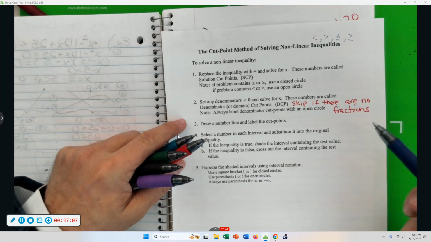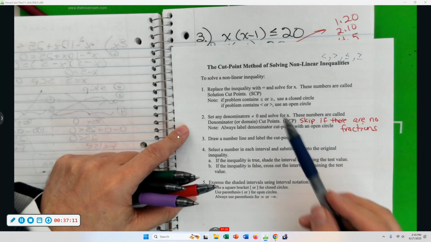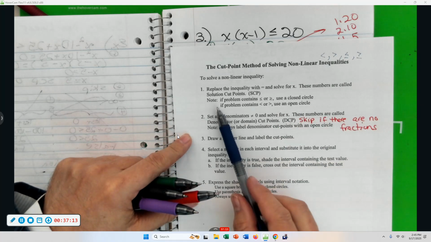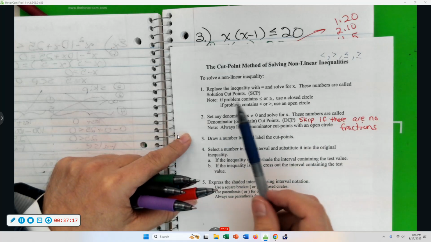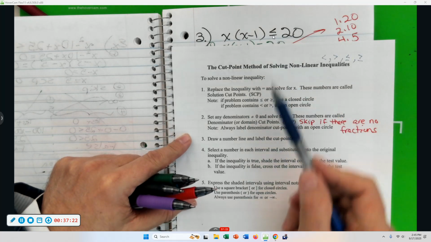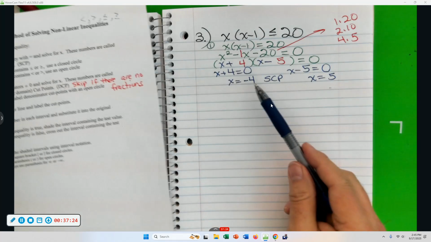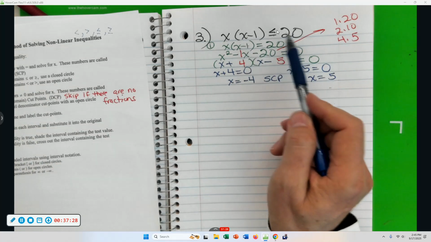How am I going to label them on a number line? Look at the original problem. Will I use an open circle or a closed circle? A closed circle. The inequality allows for equality. Negative 4 and positive 5 make the left side equal the right side.